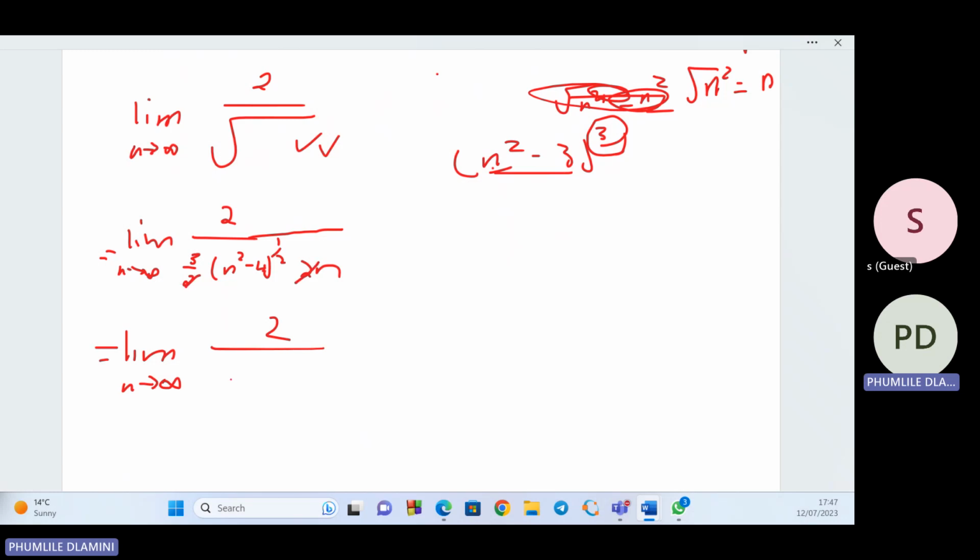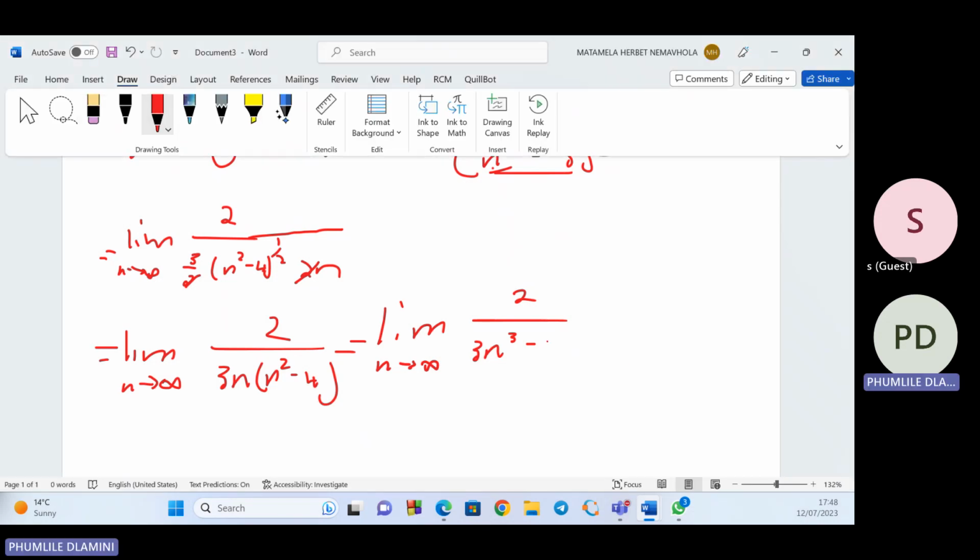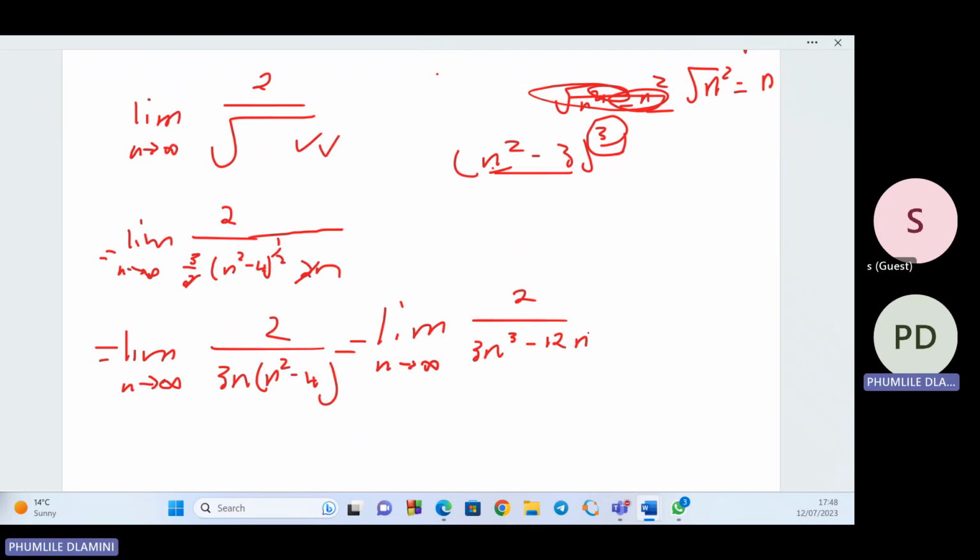Then we remain with 3n times n squared minus 4, which we can write as the limit as n approaches infinity of 2 over, we multiply what is inside: 3n cubed minus 4 times 3n, which is 12n.